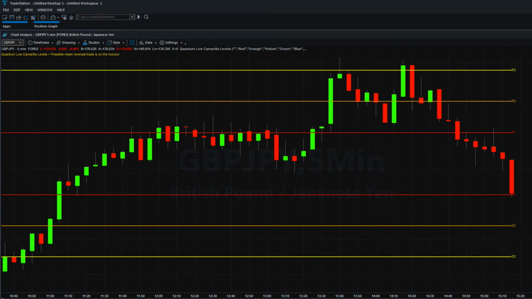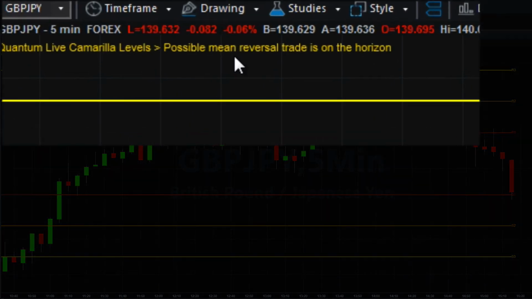So it now looks as though we are breaking away. Let's see if we get some congestion within the buffer zone between the R1 here and the S1 here. What we're looking for now is our potential target to get us down to the S3 level. Now, in addition to that, we also deliver these signals over here to help give you a heads up to the potential opportunity that is developing.